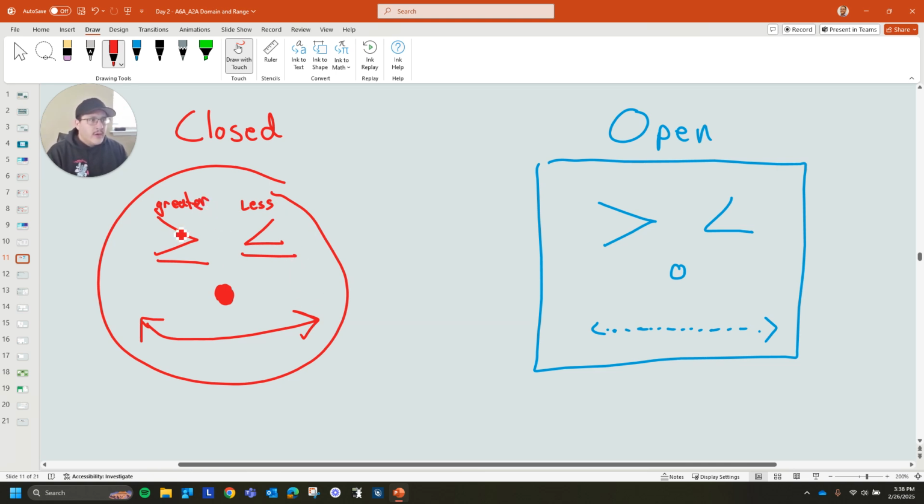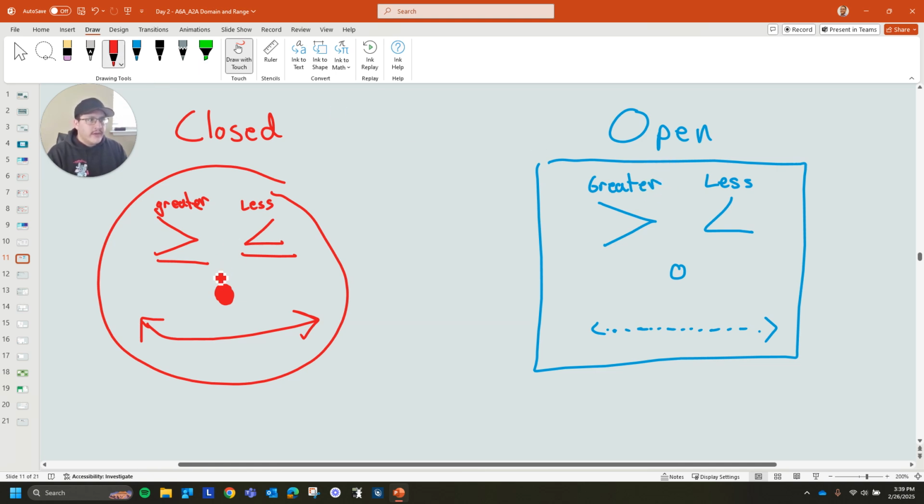So less than or equal to, greater than or equal to are going to be used when you see solid lines or solid dots. Now, when you see open dots and dotted lines, these are usually going to mean less than or greater than. Notice how I did not say equal to.